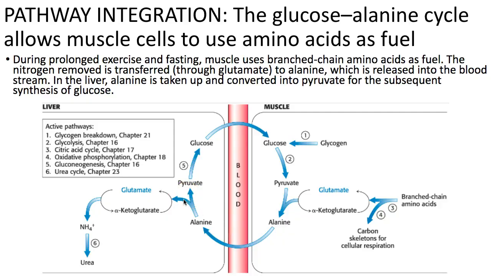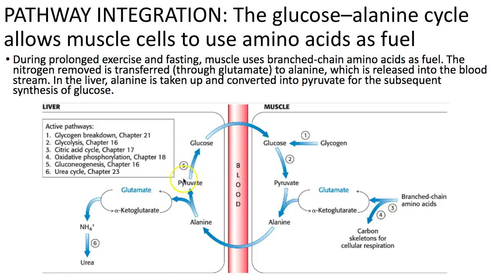that alanine interacts with the alpha-ketoglutarate once again and forms glutamate and also pyruvate. And so that glutamate gets broken down once again with glutamate dehydrogenase to release that ammonium ion to eventually create urea, and produces more alpha-ketoglutarate.